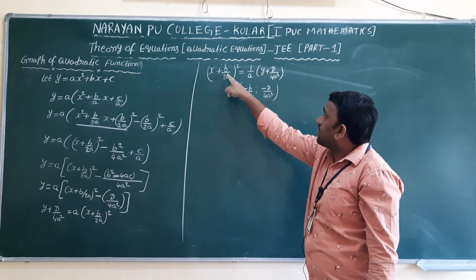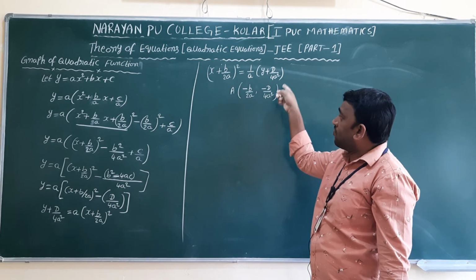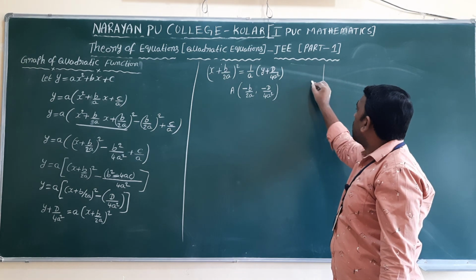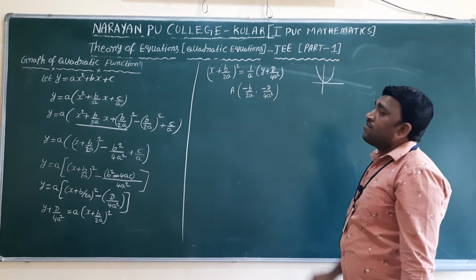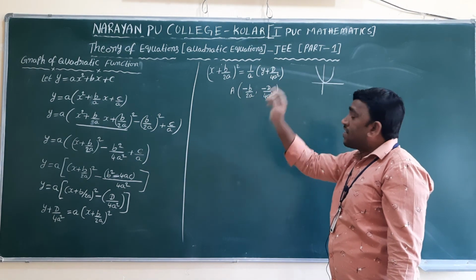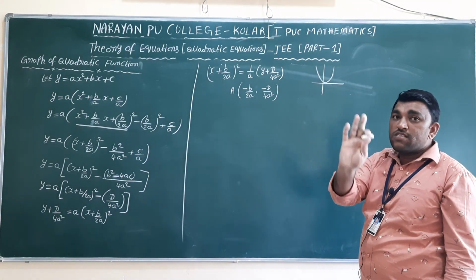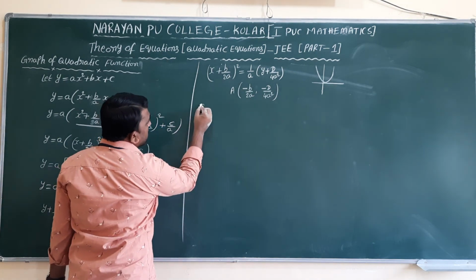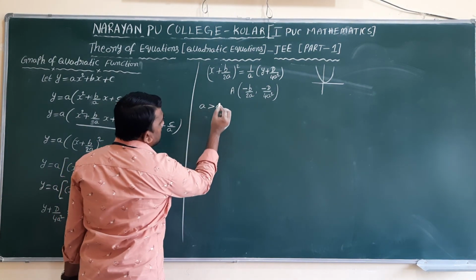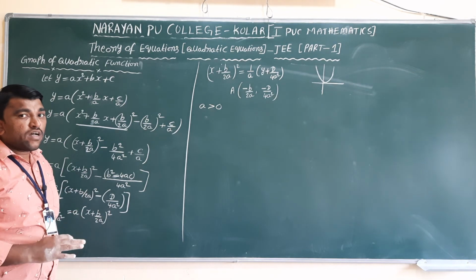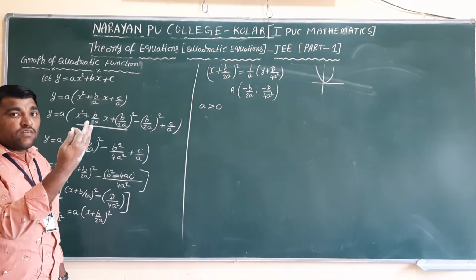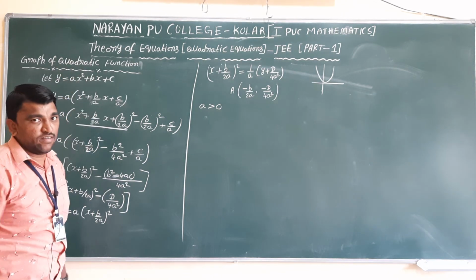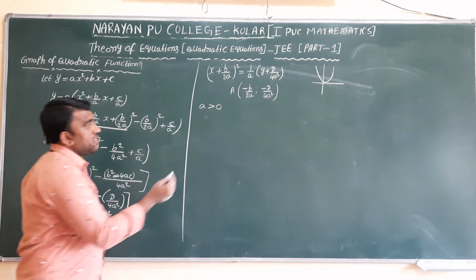In the same manner, minus b by 2a, minus d by 4a square is the vertex of the parabola x square equal to 4ay. So we know the general form of the parabola is like this. But here, based on the vertex, the parabola will be shifting. So that nature is, suppose small a is greater than 0 in the expression, the parabola will open in the positive y axis, upward direction. The parabola will be in the upward direction.